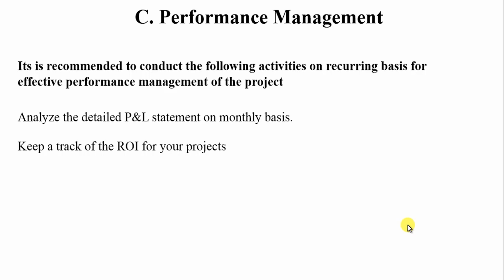Now, we had studied this entire concept of computation of ROI in the Excel sheet, I hope you remember that. And we had understood how a small change in the cost can drastically change the decision of whether to drop the project or continue the project, and whether it can change the entire preferential order for the projects. That's why it's important for you to have a clear understanding of your various projects' ROI.